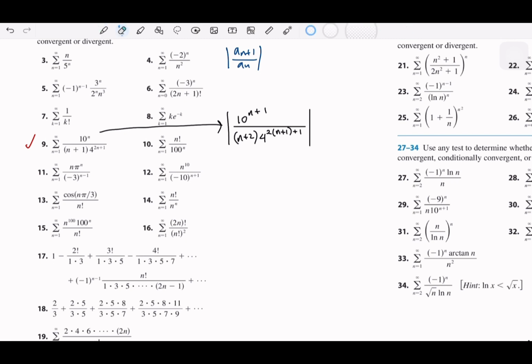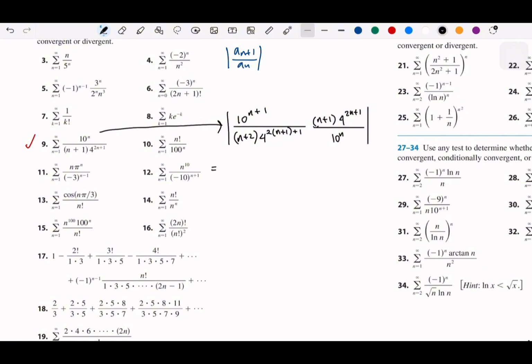Oh, they forget to multiply the a_n, which will be n plus 1, for 2n plus 1, and over 10 with power of n.